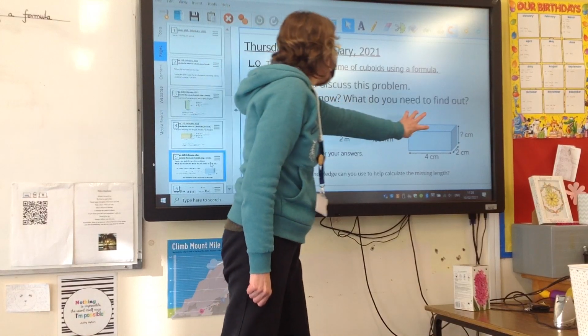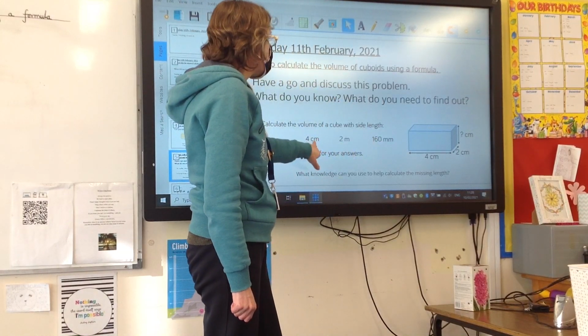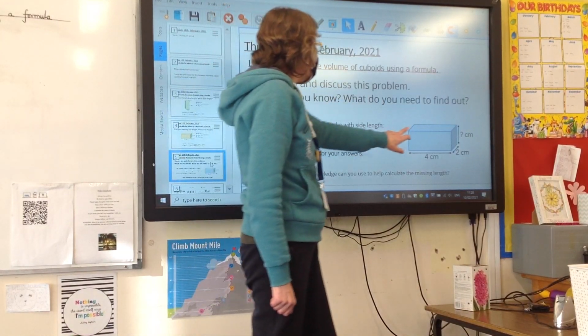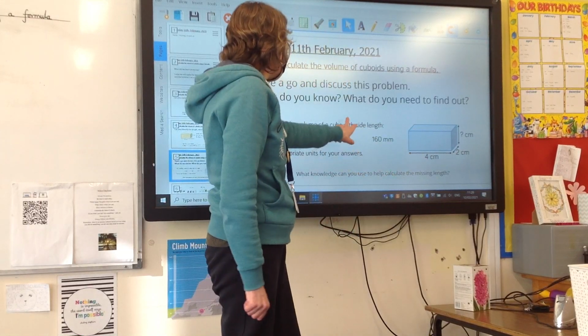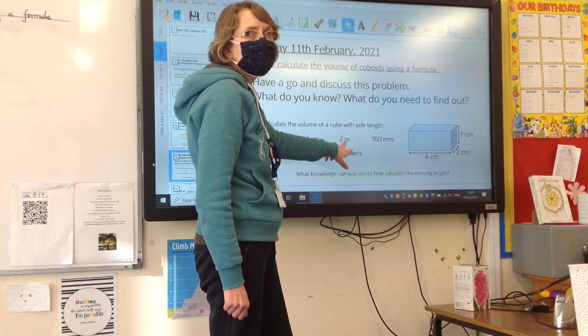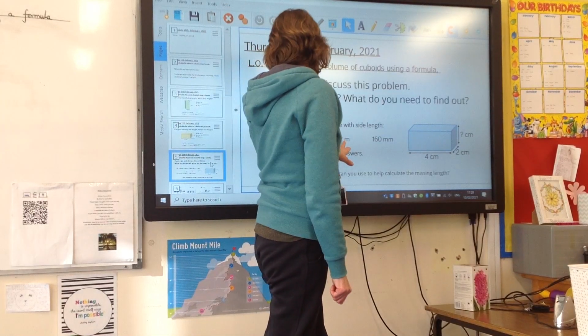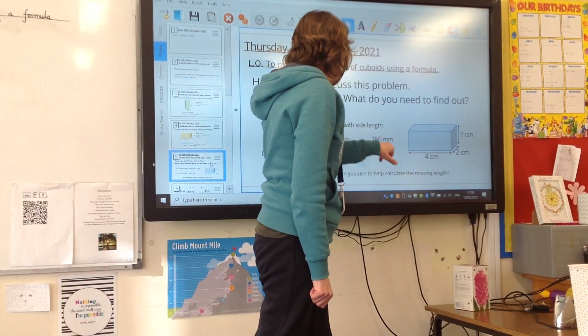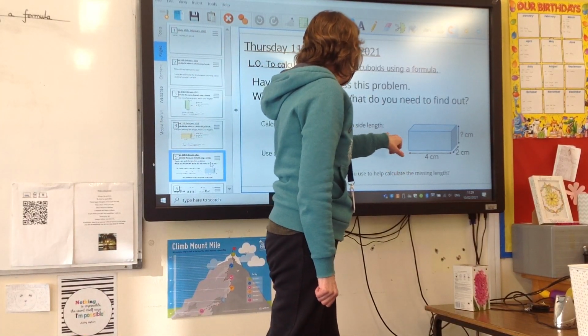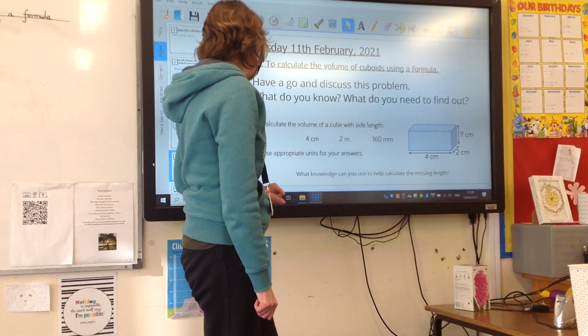what would the volume of that cube be if the mystery number was 4 centimetres? What would the volume of that cube be if the mystery number was 2 metres? What would the volume of the cube be if the mystery number was 160 millimetres?